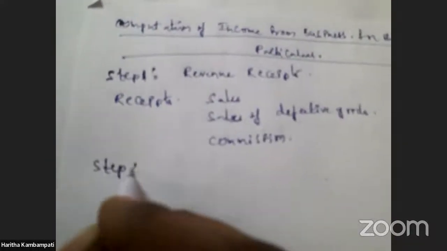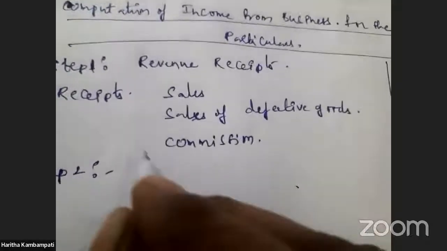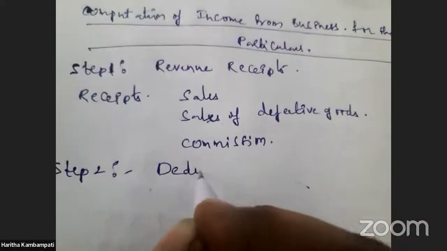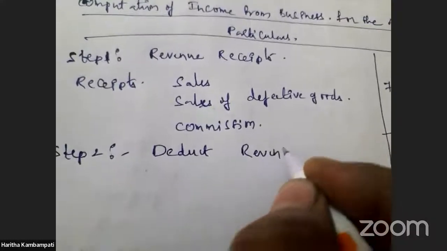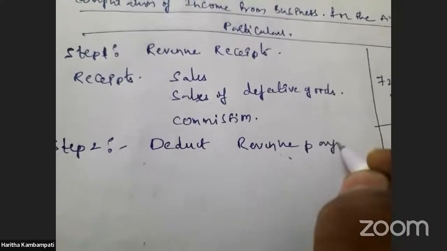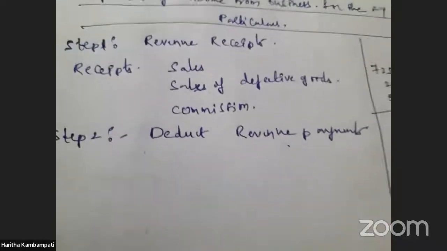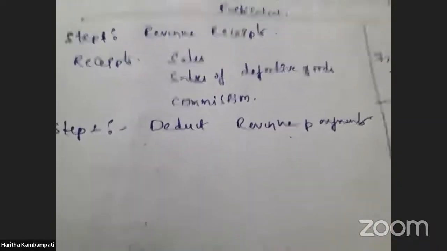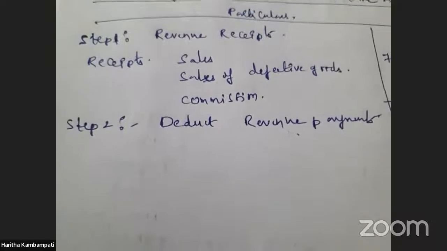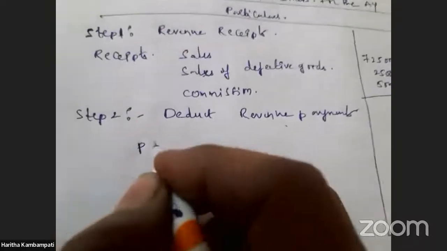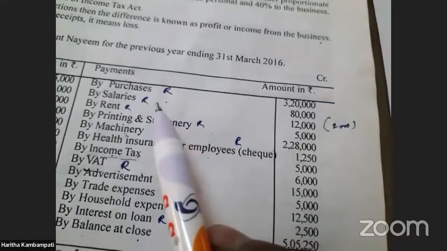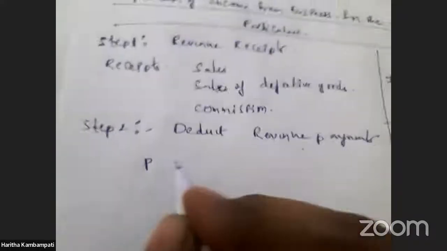Let me write step 2. From revenue receipts, you have to deduct revenue payments. So what are those, as I segregated here? Purchases, salaries, rent, printing and stationery. Let me write one by one.